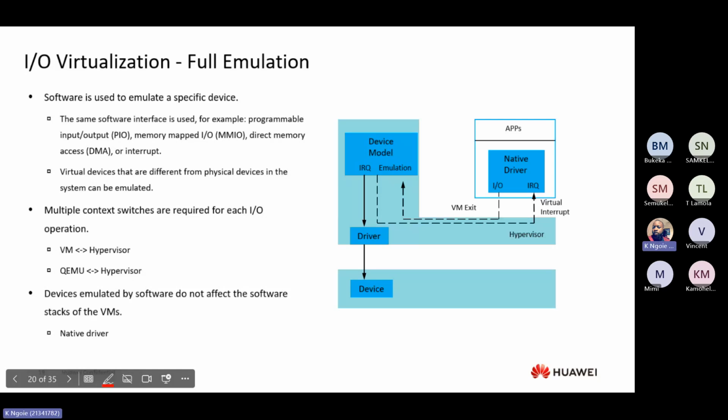So a few advantages that we're going to have when you virtualize these input-output devices is that we have a low hardware dependency. We don't have to have so much hardware because we can actually use one hardware, but we're using it on multiple machines, which are the virtual machines.